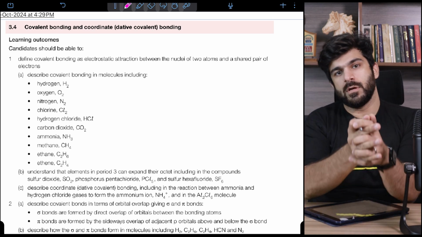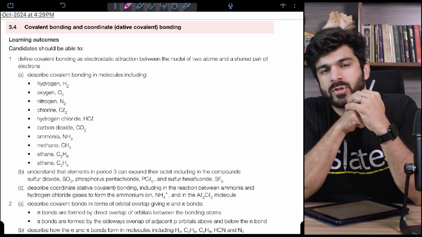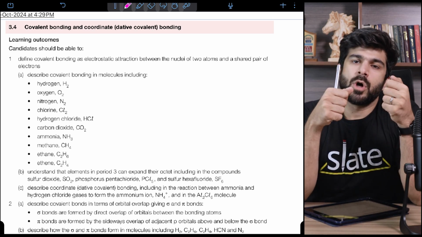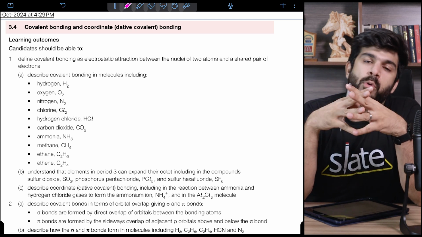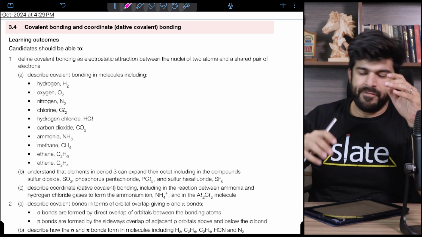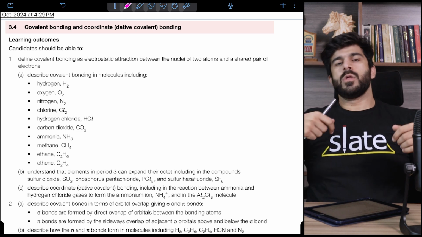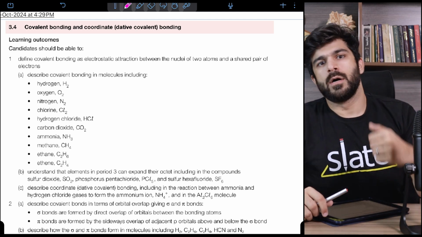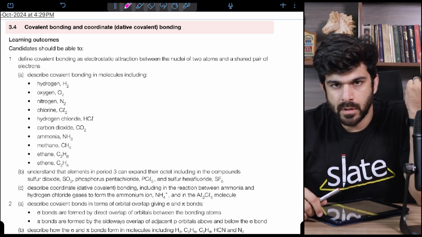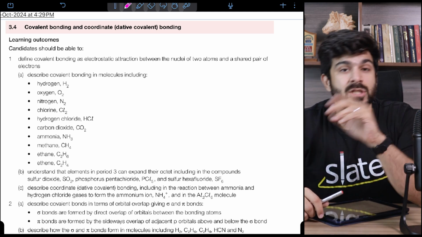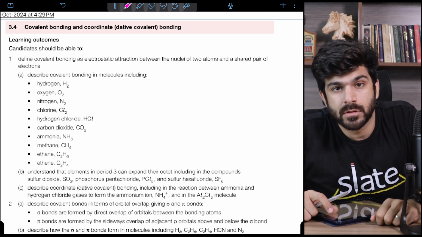Now in A-levels, when we talk about physical chemistry, the chapter of chemical bonding and intermolecular forces is very important. If we talk about bondings, you've already studied ionic bonding, covalent bonding and metallic bonding in O-levels. Luckily, there is not much of a difference.